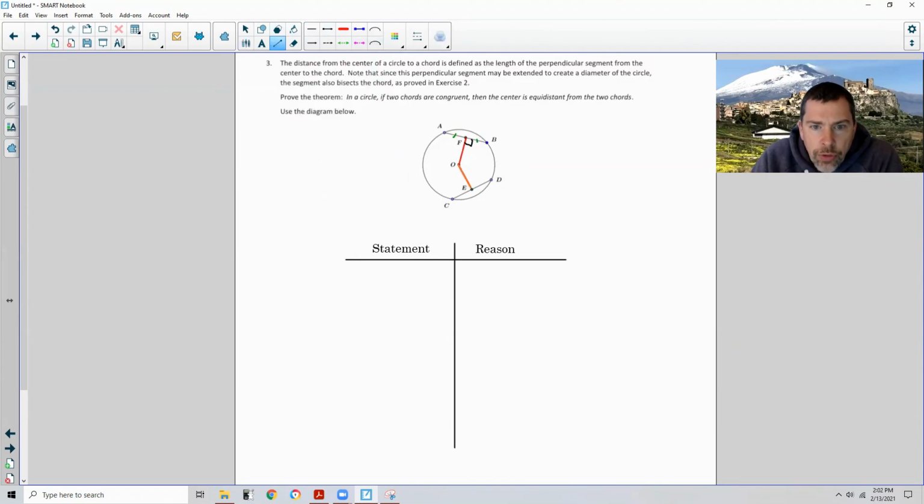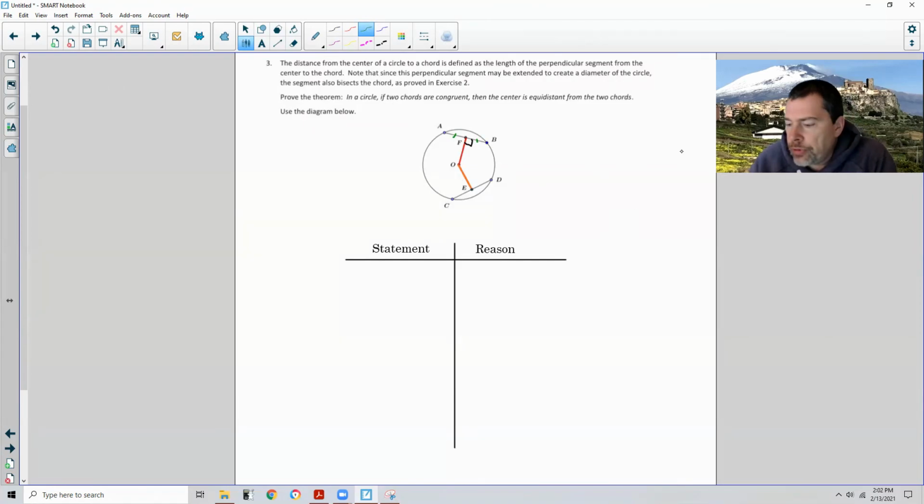Aren't you glad I chose orange? Right there. So what they're saying is, prove that in a circle, if AB is congruent to CD, then the center, O, is the same distance from F as it would be to E if CD is congruent to AB. And we're going to try to prove that.